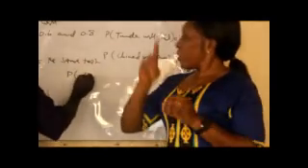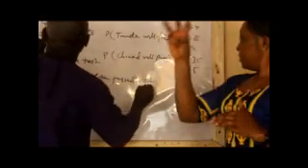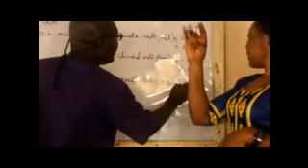So they have finished. Let's go to the equation. P(all of them passed). Where is pass? Here is pass. 0.6, 0.8, 0.65.